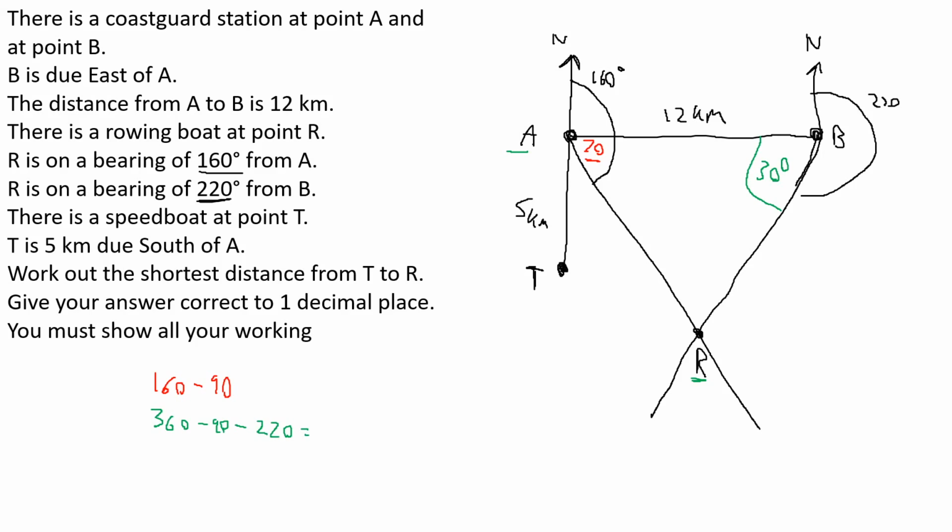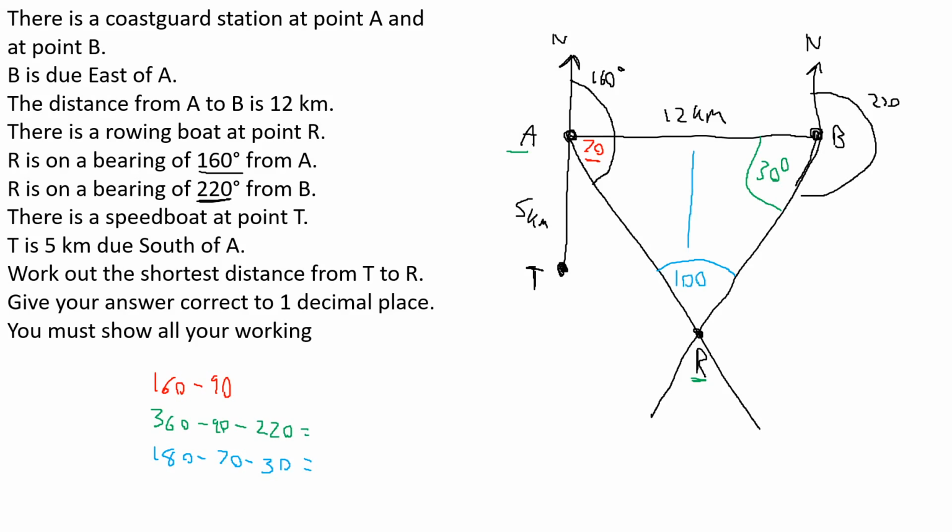What rule can we use to work out what AR is? We can use the sine rule, but before we do, we need to know what this angle here is. This angle is just going to be 180 minus 70 minus 30, which is 100.